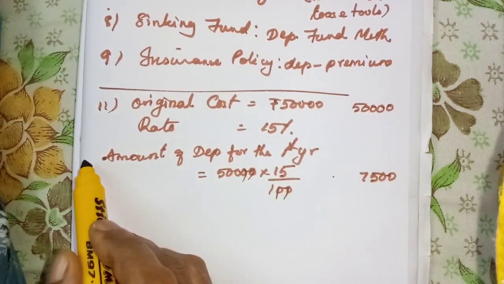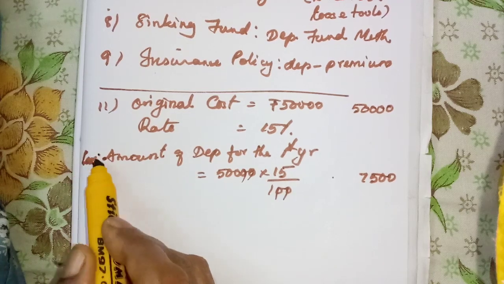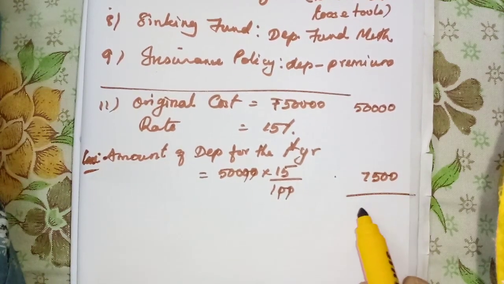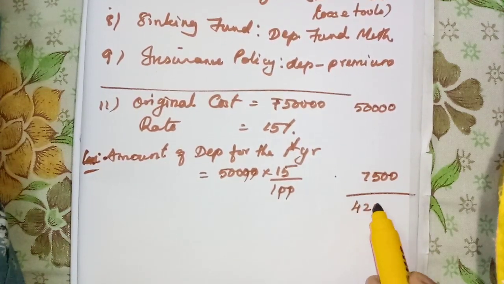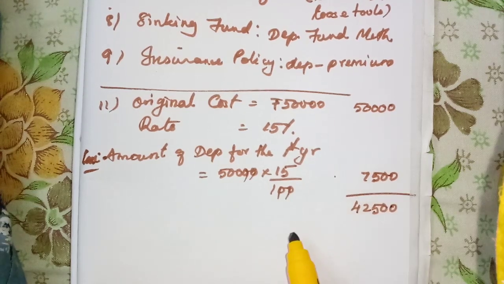We need to deduct this, less amount of depreciation, so 42,500 we have for the second year.